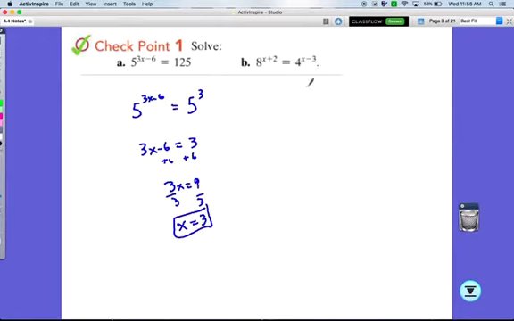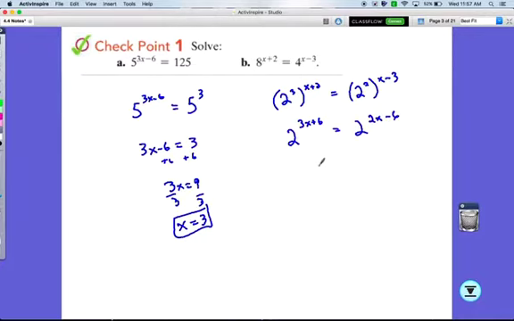On B, I'm going to have 8 is 2 to the 3rd to the x plus 2. And 4 is 2 squared to the x minus 3. That'll turn into 2 to the 3x plus 6 is equal to 2 to the 2x minus 6.